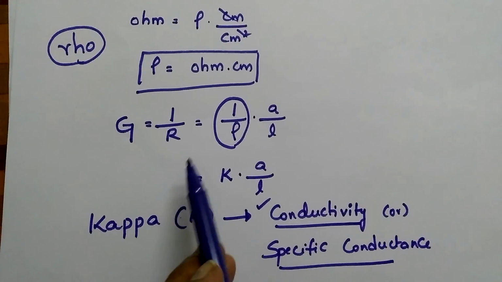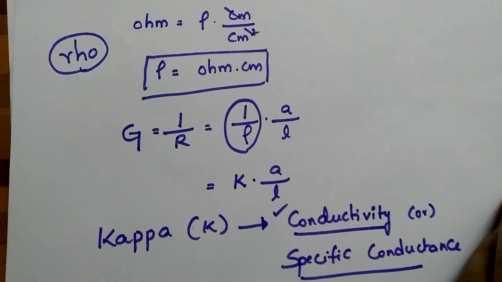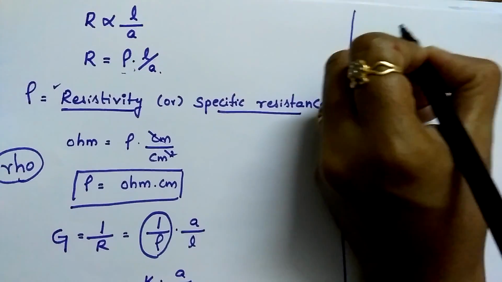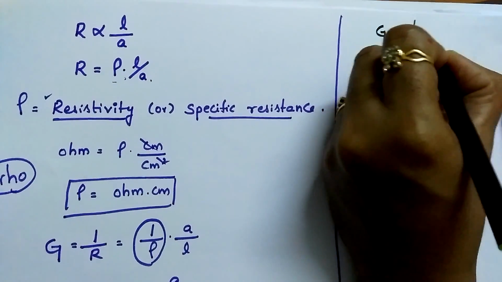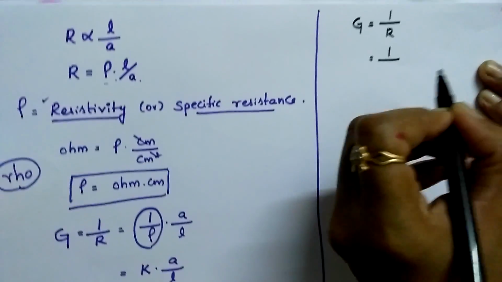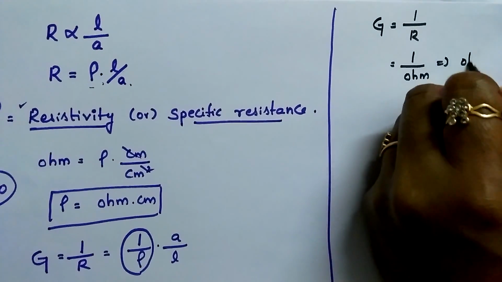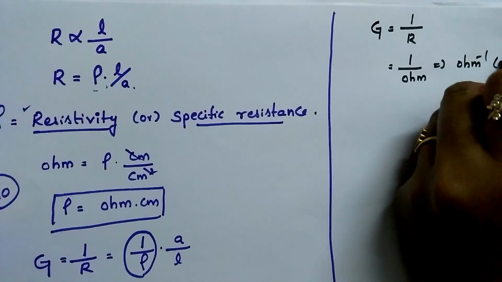Let us see the units of this G. Conductance is inversely proportional to the resistance. The resistance unit is ohm, so the conductance unit is ohm inverse.